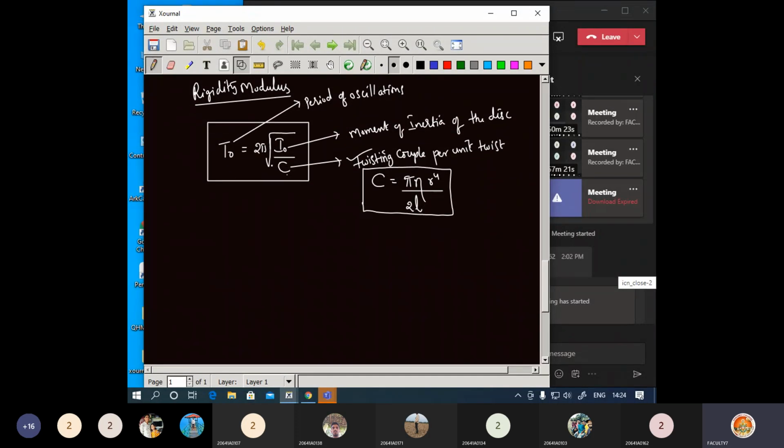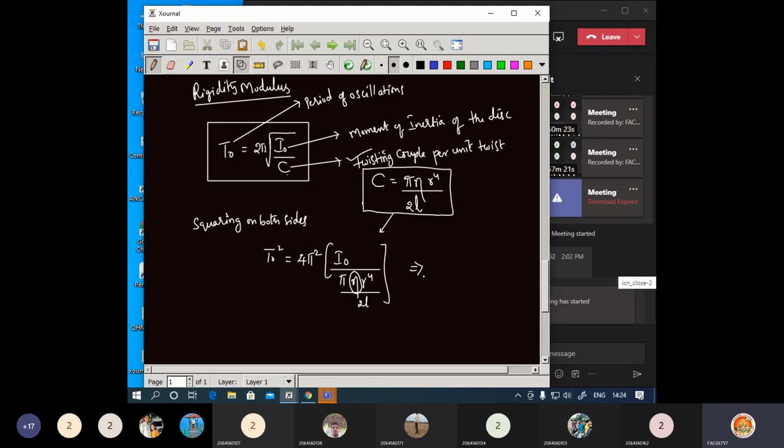Now you take out the root, then you square on both sides. Now here you will get T0 square equals 4 pi square I0 by, substituting this, pi eta r power 4 by 2L. Now if you rearrange this, you get the expression for eta.